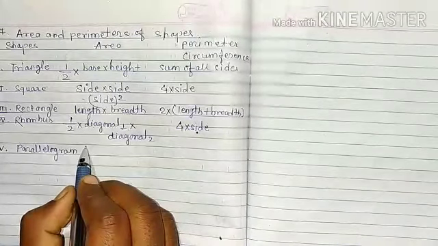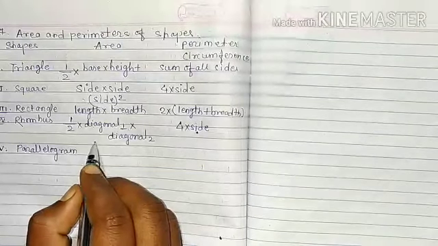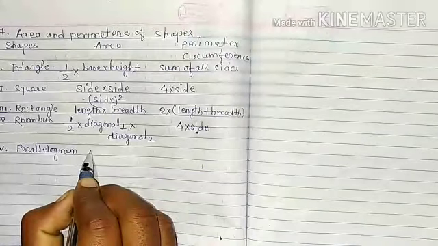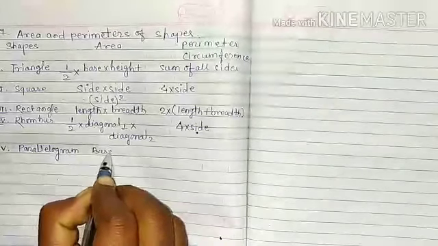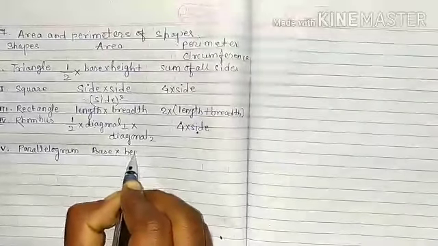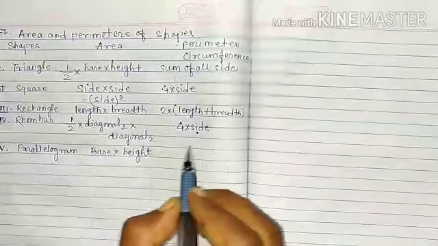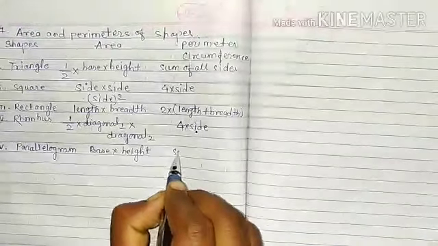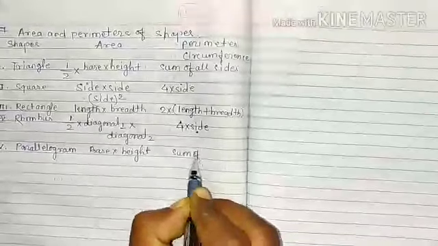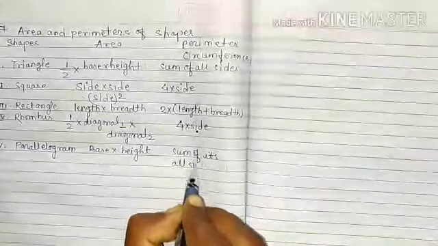In a parallelogram having base and perpendicular distance between two parallel lines, the area of a parallelogram is base into height. Height means perpendicular height or altitude, and the perimeter of a parallelogram is the sum of all its sides.